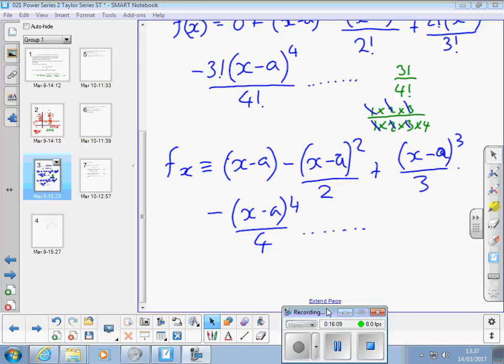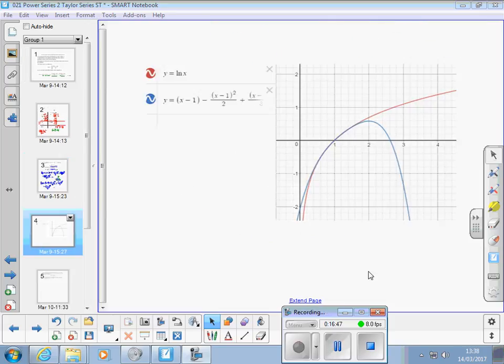And so that power series should follow, with focus being around the point where x is equal to 1.